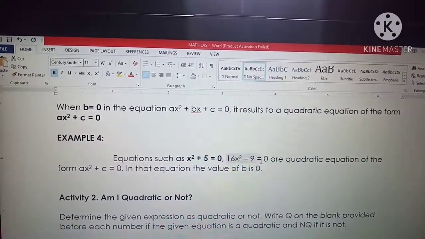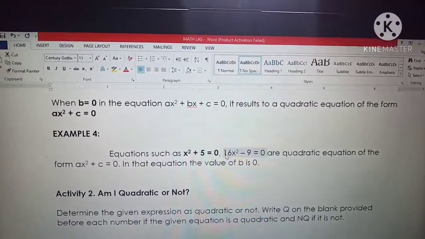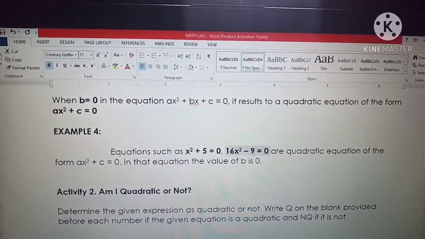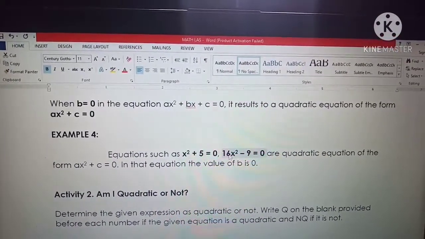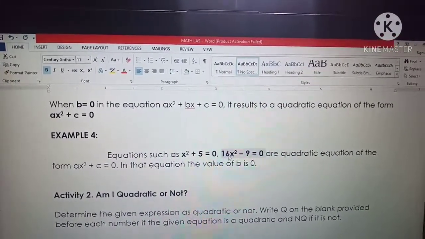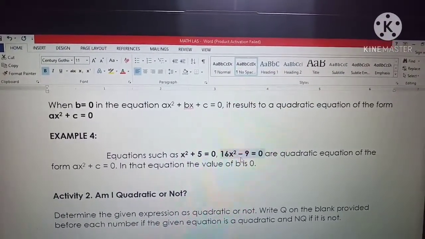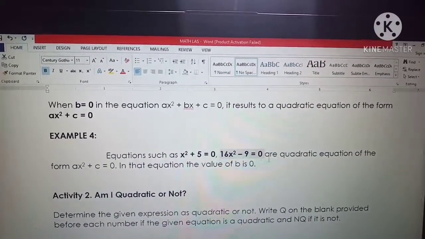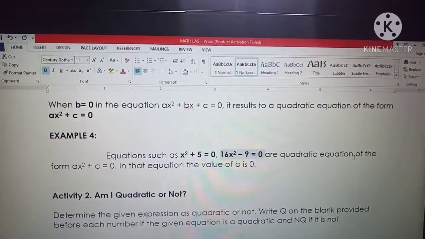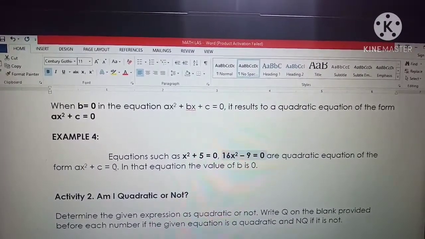So, another, we have 16x squared minus 9 is equals to 0. So, ma-identify din natin yung value ni A which is 16. Value ni B is 0 kasi wala dyan. At saka value ni C ay negative 9. So, this equation or quadratic equation of the form ax squared plus c is equals to 0.